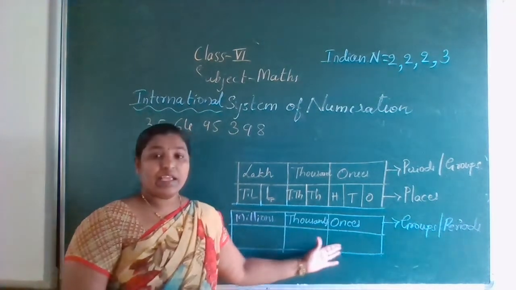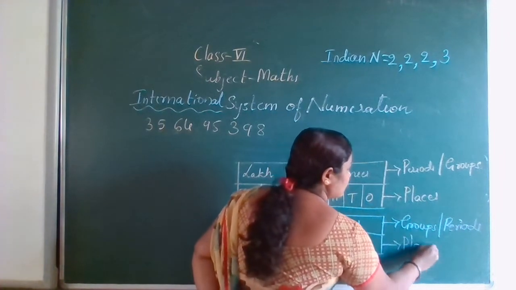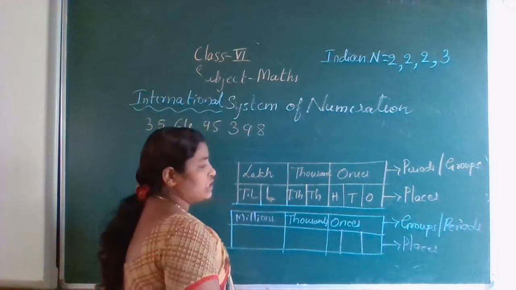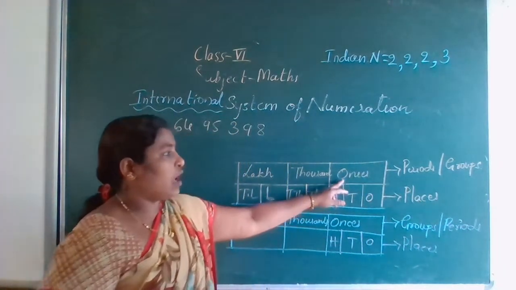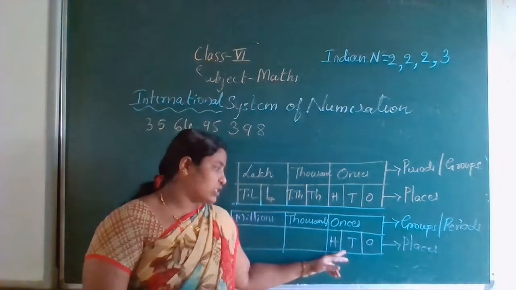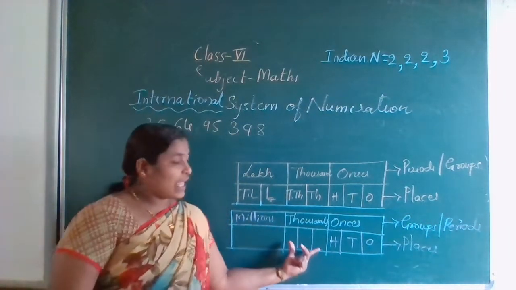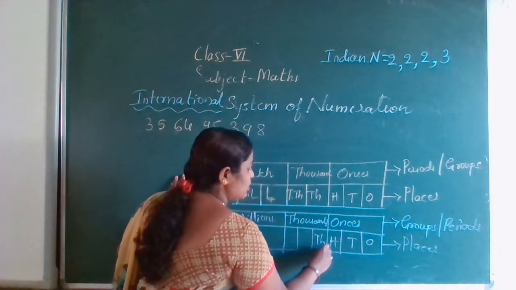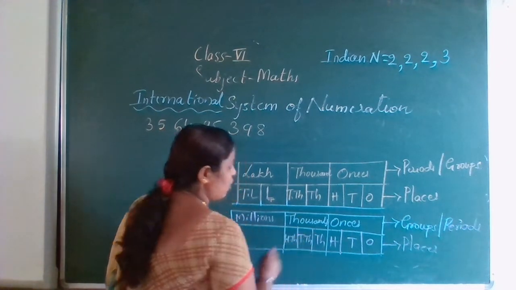So how are the places in that? I will tell you, these are the places. They have the same ones, tens, hundreds. Our Indian system is also ones, tens, hundreds. Here also ones, tens, hundreds. Again the thousands period has three places: 1,000, 10,000, 100,000.